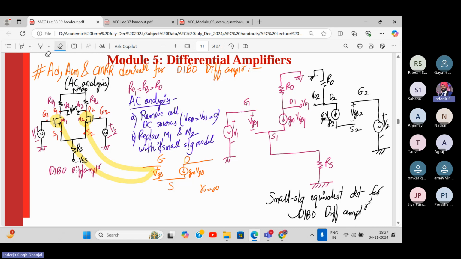Actually, to make it symmetric, I'll show it from here. This looks symmetric. I hope it is clear. We have replaced DC sources VDD and VSS by ground, and we have replaced M1 and M2 with a small signal model, which is over here. We have assumed RD is infinite.